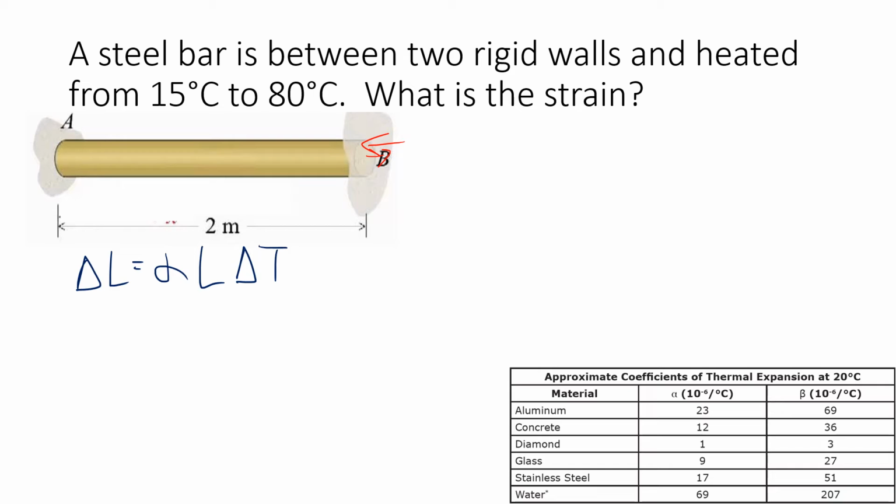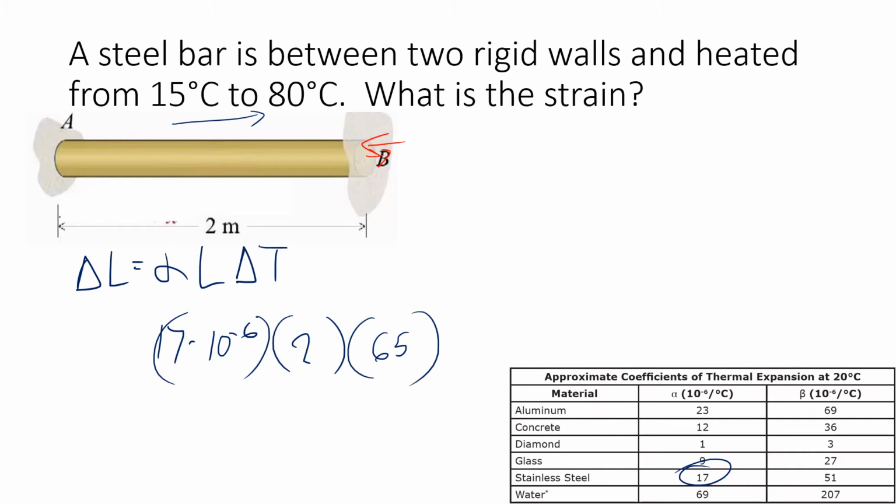Well, we know what alpha is. Here's your graph or chart over here. This is steel. So we got 17. Remember, it's 17 times 10 to the minus 6. So that's that. Our L is 2, and the change in temperature, 15 to 80, is going to be going up by 65 degrees.